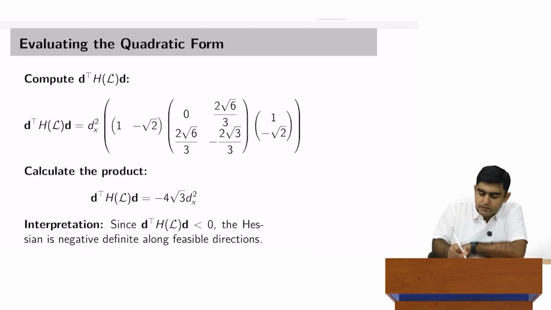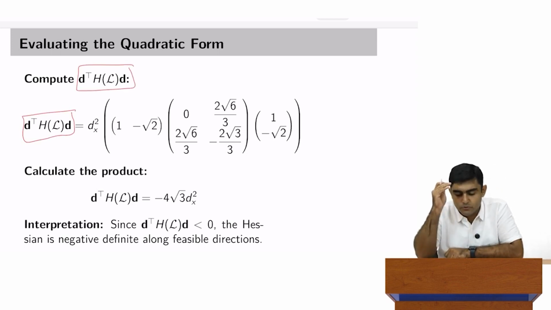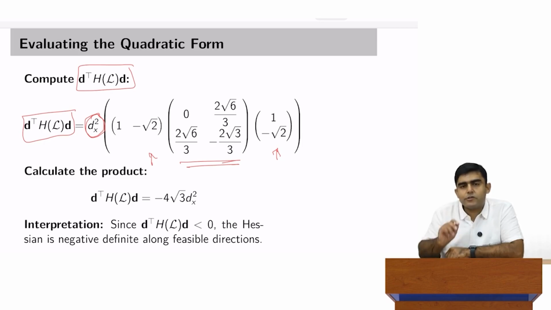And finally, we substitute all these elements into our original equation, which was D transpose Hessian D, and when we do that, we would notice that dx square comes out, and these 2 vectors and 1 matrix stay inside, which can be multiplied, because throughout our notations we have ensured that we use transposes in a way that the inner products are satisfied.